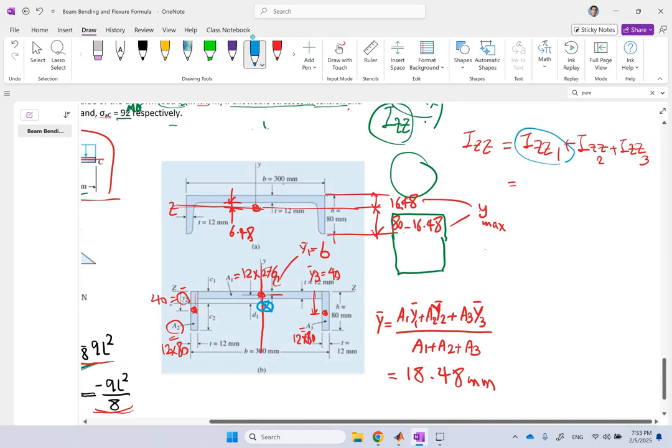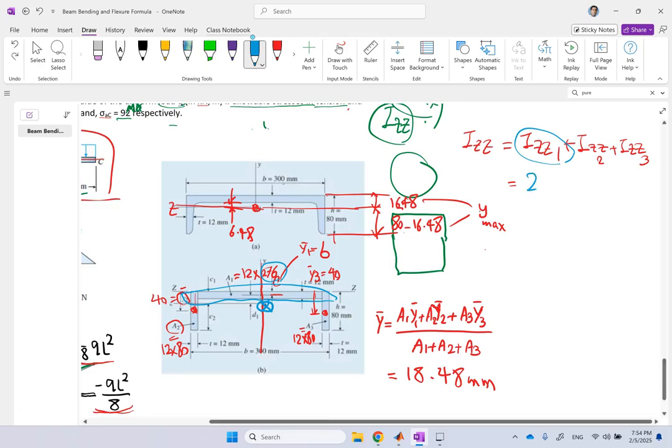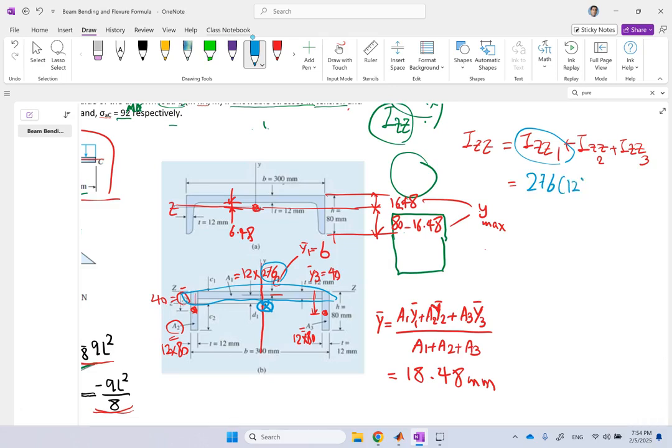So for instance, for shape 1, which is this guy, what was the I of a rectangle passing through its own centroid? It is b h cubed over 12. Now b for this guy is 276 times 12 cubed over 12.